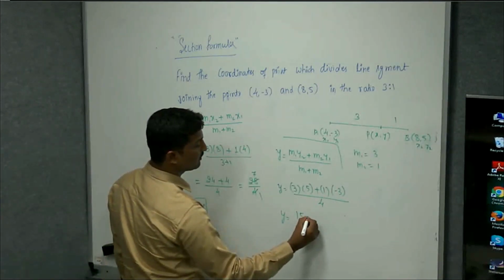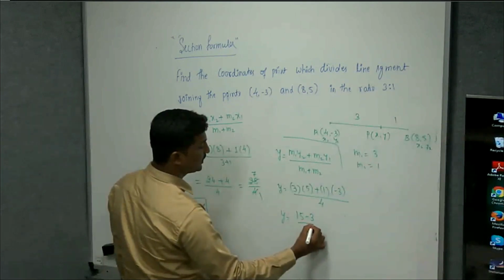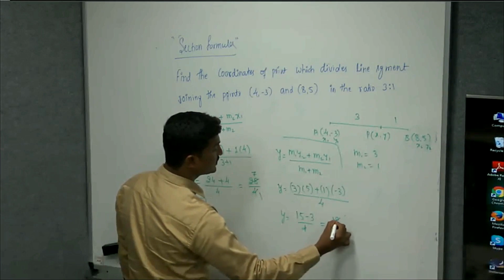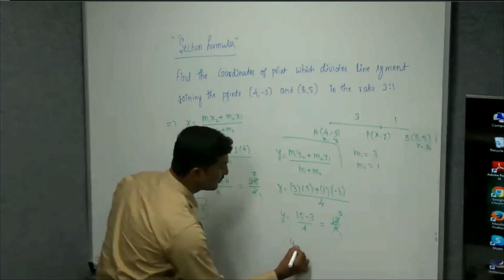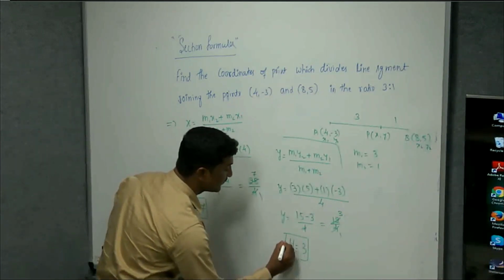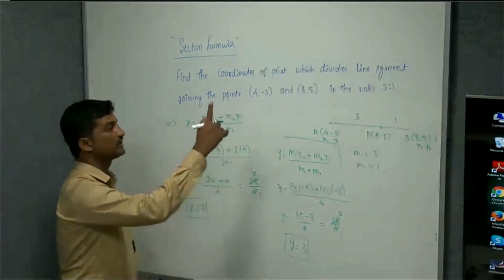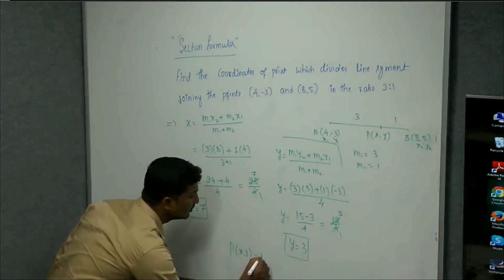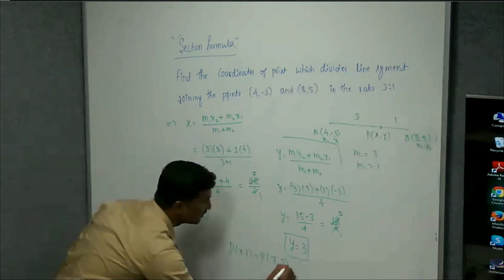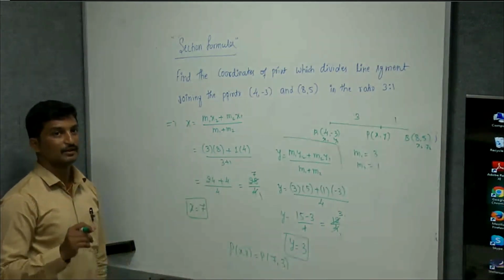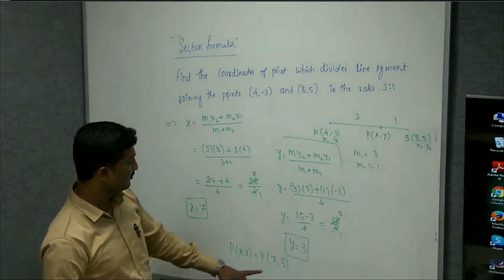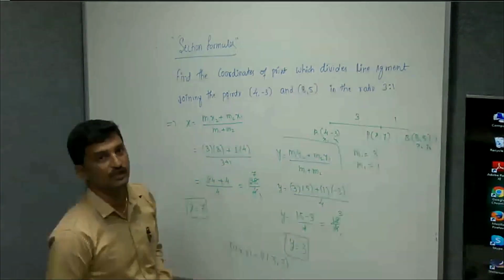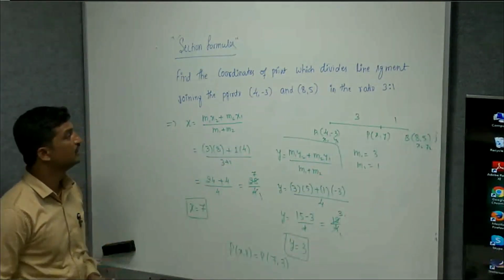Positive into negative will become negative, 1 three is 3, divided by 4, that will be 12 by 4. 4 threes are 12. Therefore, y equals 3. So the coordinates of point P, x comma y, is 7 comma 3. It means the point P lies at the coordinate 7 comma 3 such that it divides the line into a 3:1 ratio. Like this, you need to use the section formula.